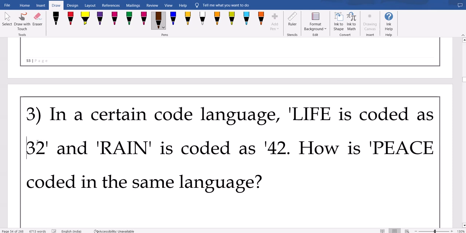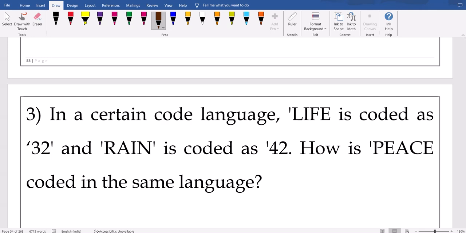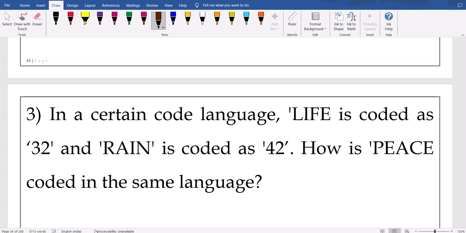Now I think this can be easily done by you. Life is coded as 32, rain is 42. How is peace? So life: 12 plus 9 is 21, 21 plus 6 is 27, plus 5. So directly adding, it's straightforward addition for forward coding. So we can directly attack the question.